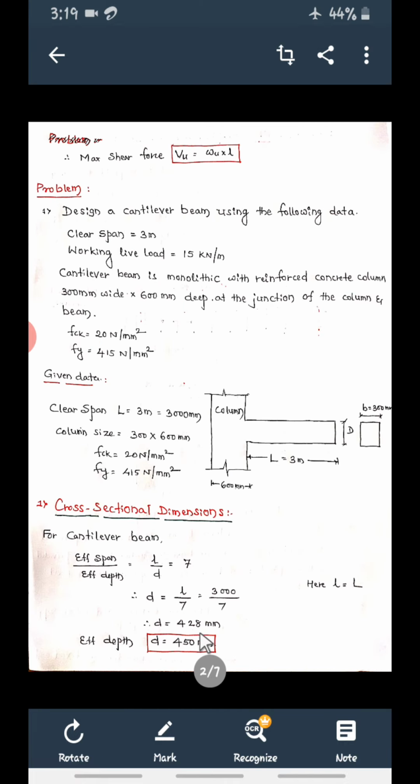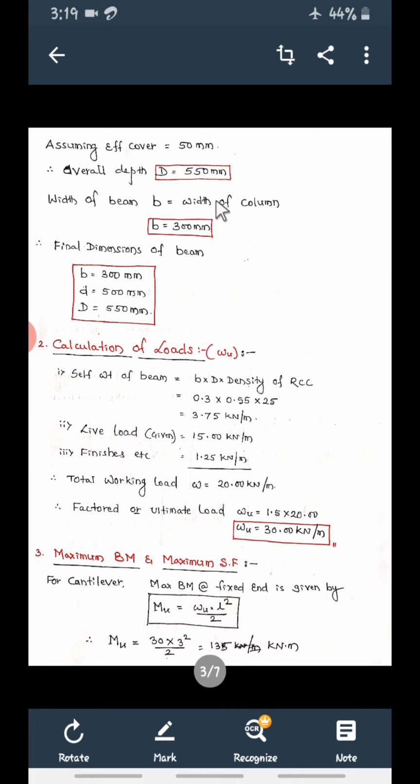This is the effective depth, and this is the overall depth of the beam. So these are the final dimensions: B is equal to 300 mm, small d is equal to 500 mm, and capital D is equal to 550 mm. This is the first step.